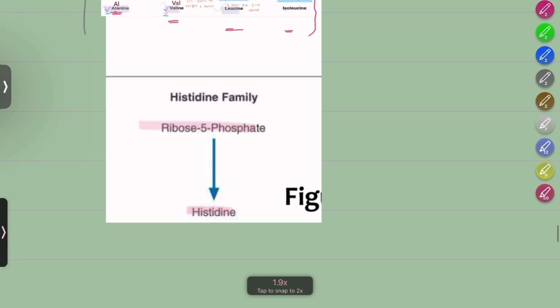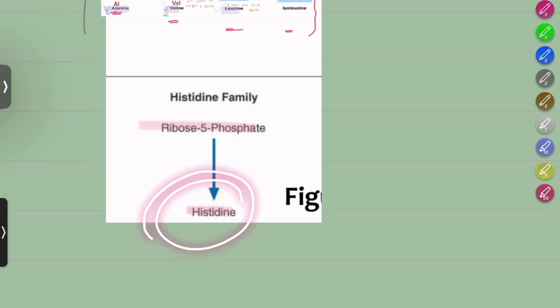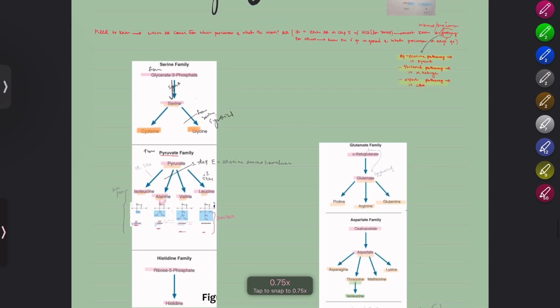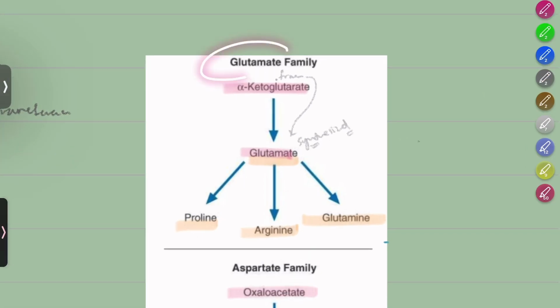Now for the histidine family, very simple. What gives rise to the histidine is a certain precursor, which is the ribose 5-phosphate, which is seen in the PPP pathway. Okay. Now for the glutamate family. Just know that glutamate gives rise to 3 compounds, which are the proline, arginine, and the glutamine.